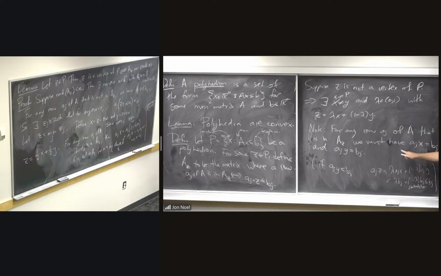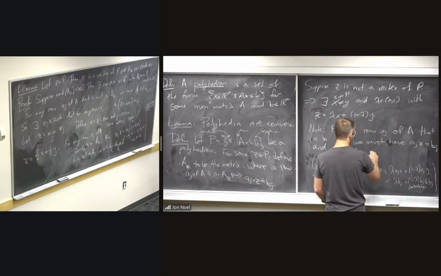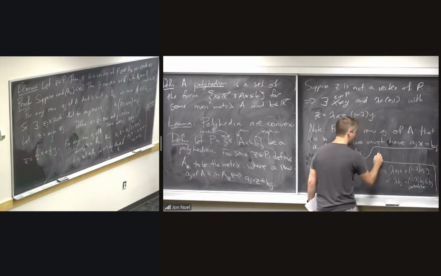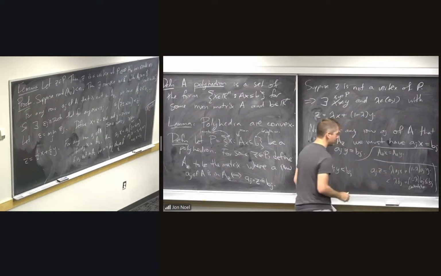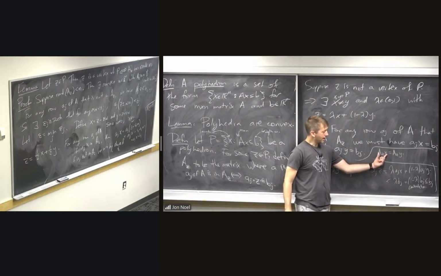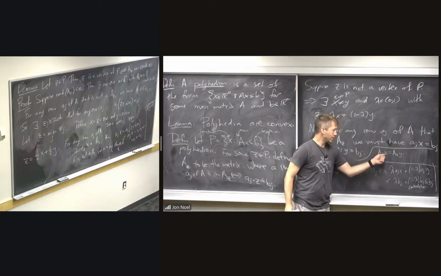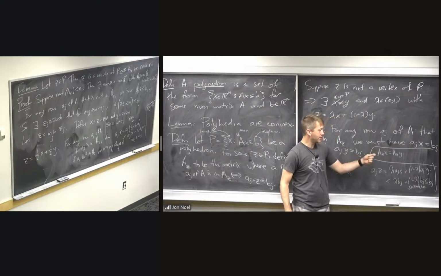But by this property, we now know that az times x is equal to az times y, because the jth row of this thing is bj, and same with this one.